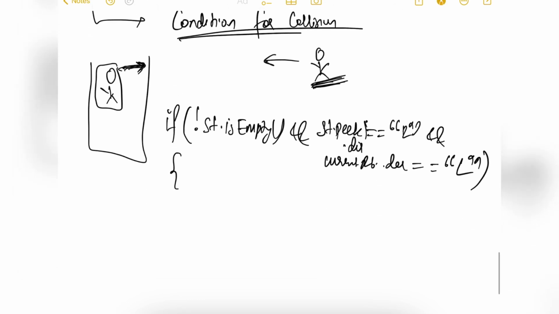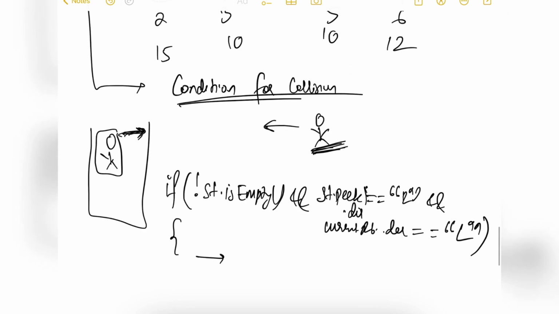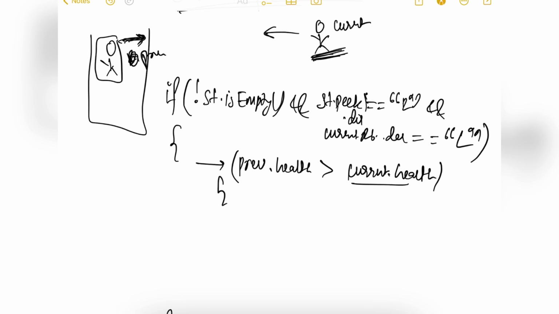Then we'll enter it and we'll try to see all three cases for the collision. So there could be three possibilities. Let's say whatever we have in the stack is R1, and this is the current one, and we can mention it as the previous one. So if the previous robot health is greater than the current robot health, in that scenario the current one will be destroyed, so we are not going to add it into our stack.